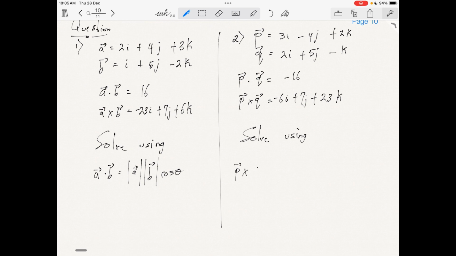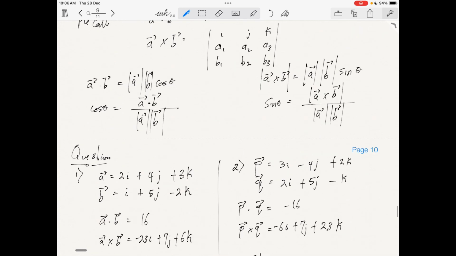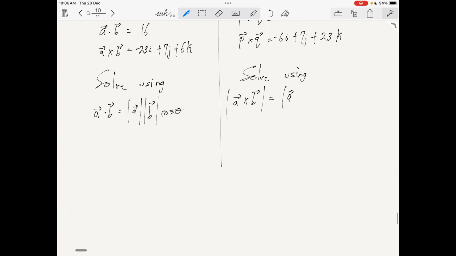It says the modulus of P cross Q, let's write in terms of what we know before, is equal to the modulus of P multiplied by modulus of Q sine theta. Now that we are not using A and B, we are using P and Q.